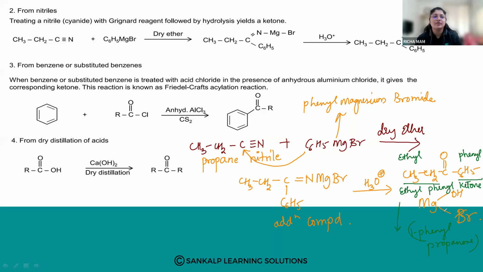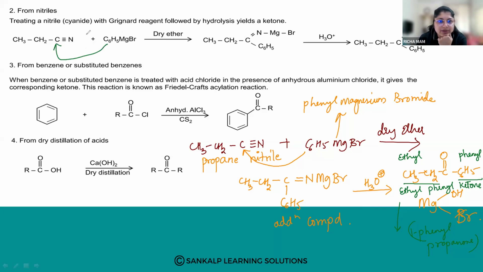So like this, you have to write the reaction. When nitriles react with a Grignard reagent in the presence of dry ether, they give an addition compound. This addition compound will further undergo hydrolysis to give the respective ketone. Your C6H5 is reacting here.